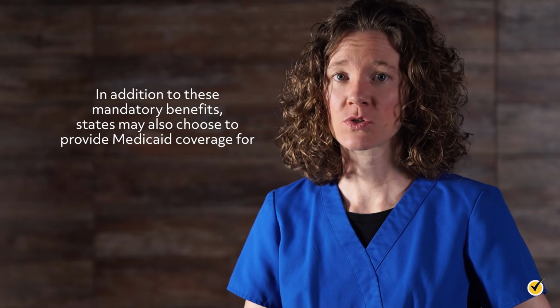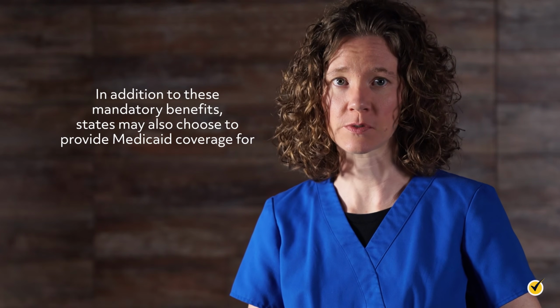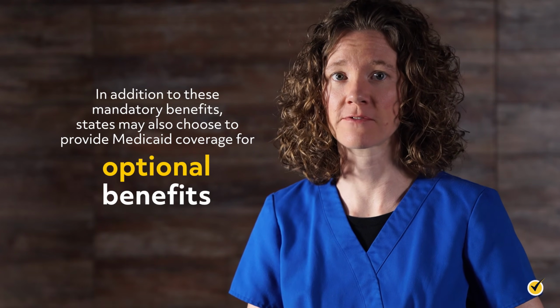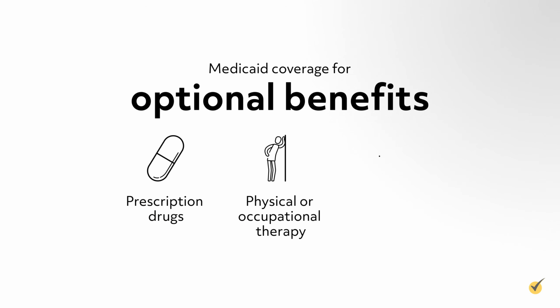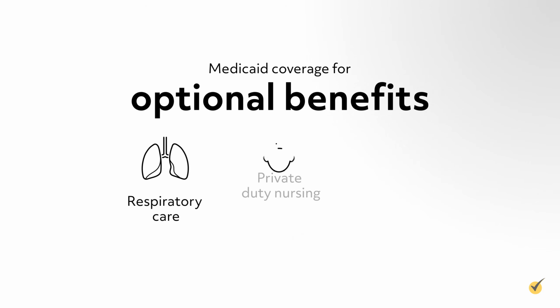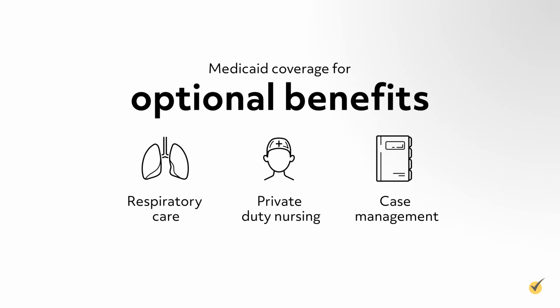In addition to these mandatory benefits, states may also choose to provide Medicaid coverage for optional benefits like prescription drugs, physical or occupational therapy, speech and hearing services, respiratory care, private duty nursing, and case management.